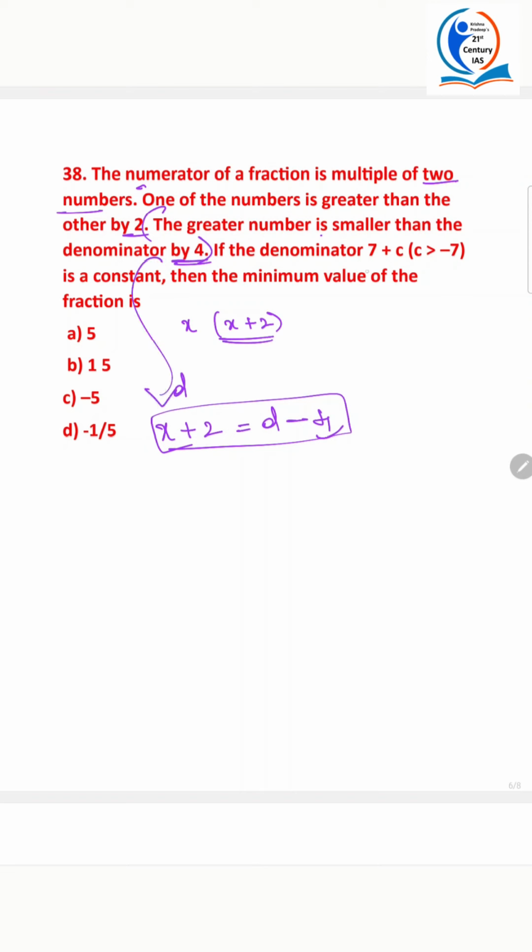Next, if the denominator is 7 plus c, where c greater than minus 7 is a constant, then the minimum value of the fraction is, they already have given that d is 7 plus c. When d is 7 plus c, x in terms of c would be c plus 1. Okay, 7 minus 4 is 3 and 3 minus 2 is 1. So, x is equal to c plus 1.